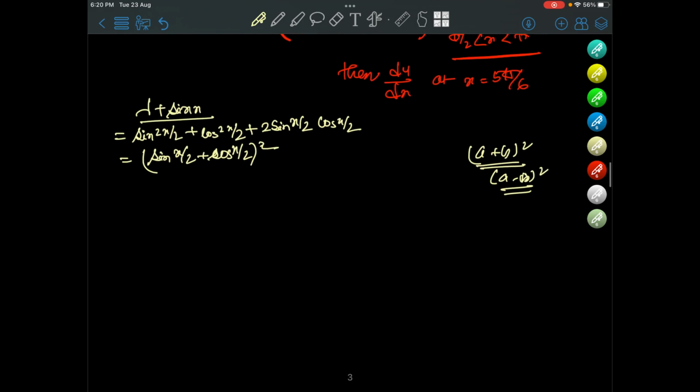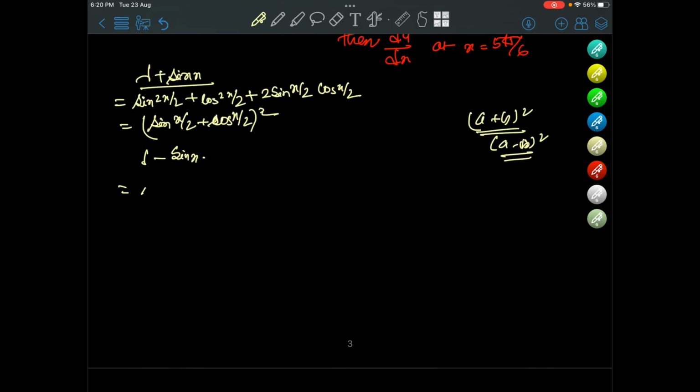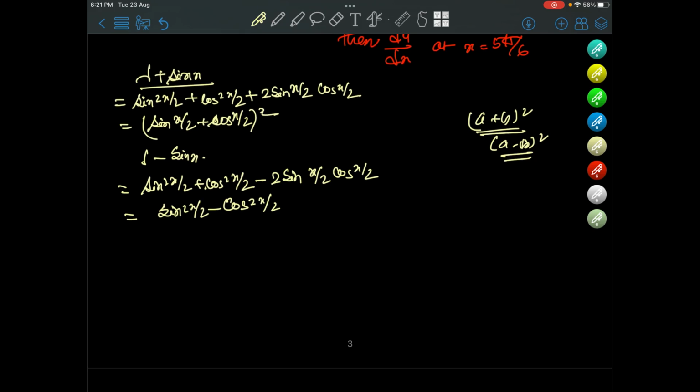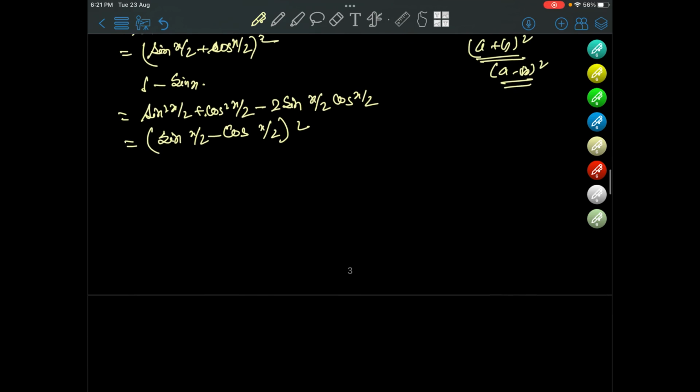The same way we get the same thing for 1 minus sin x, which is sin square x by 2 plus cos square x by 2 minus 2 sin x by 2 cos x by 2, which is sin x by 2 minus cos x by 2 whole square.